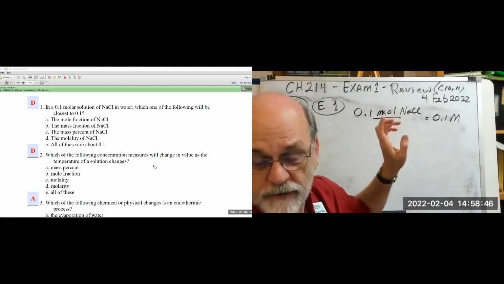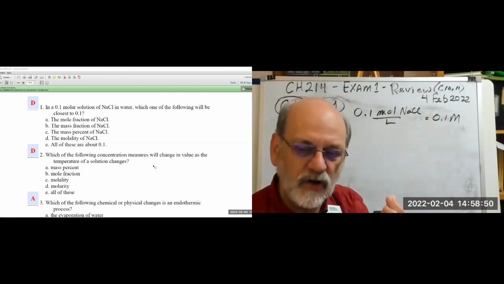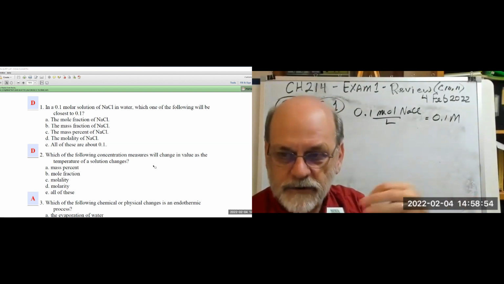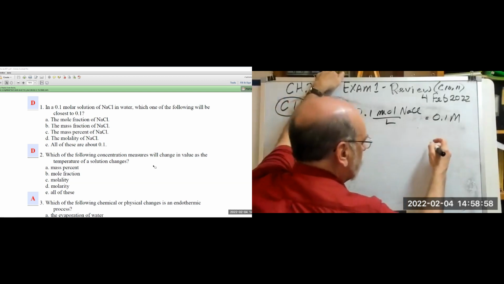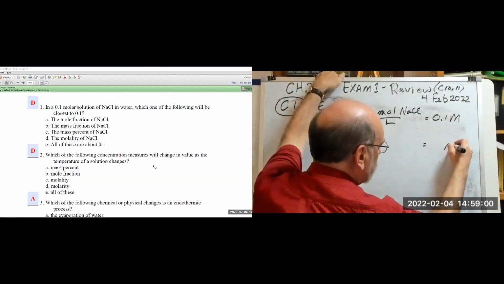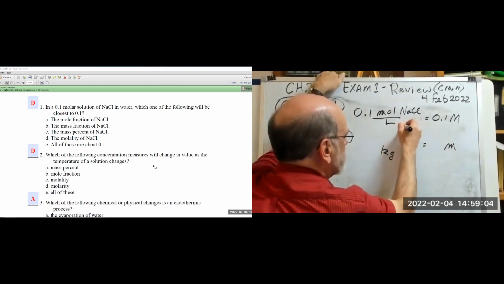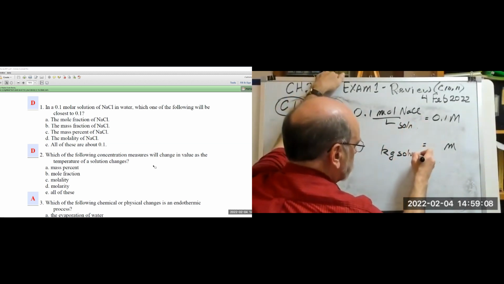0.1 moles of sodium chloride is going to weigh almost nothing. So we're really looking at the relationship of volume to mass. So molal is actually kilograms. This is solution, and this is solvent.